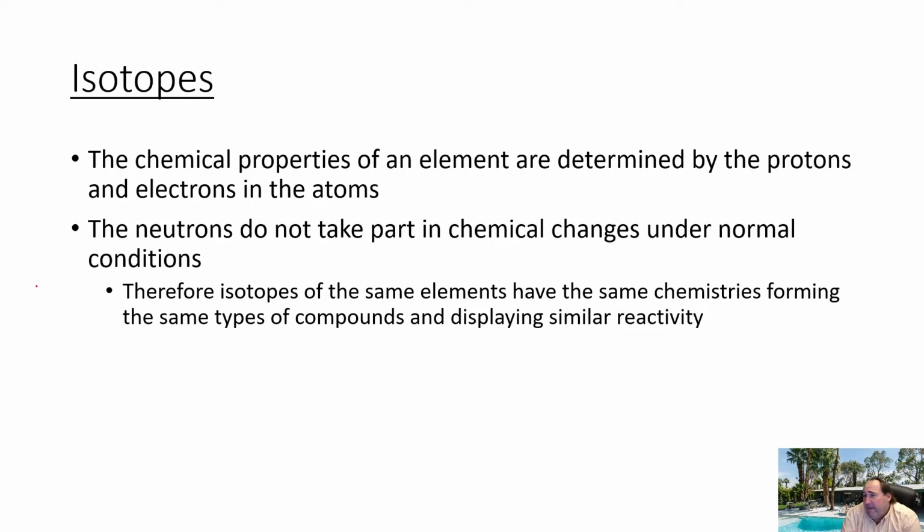One way people sometimes take advantage of this, for example in the laboratory, is to use a radioactive version of a particular element. Say you're trying to follow copper in the body: you could use a radioactive version of copper, and you could basically simulate where the copper goes by just following the radioactivity. I used to do experiments with radioactive copper, and it works the same way as non-radioactive copper.